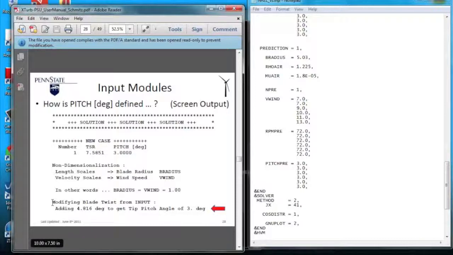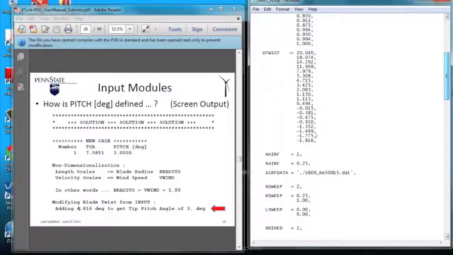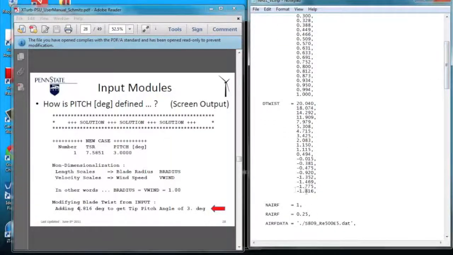It tells you here it modifies the blade twist from the input, and this is the case for the NREL Phase 6 rotor, where the twist angle from the input at the tip is negative 1.82 degrees, and it tells here, well, it's adding 4.8 degrees such that the tip pitch angle becomes 3 degrees, and it shifts all the other twist angles by that amount.